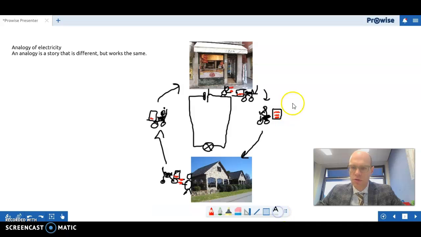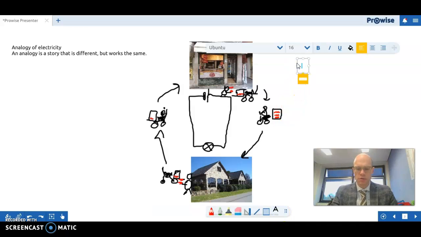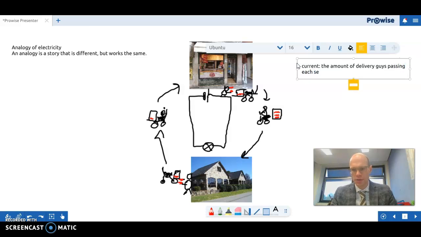The definition we're going to use for current is the amount of delivery guys passing each second. That is what current is in my analogy, and you need to think of something else, so you have a different one, but it works the same.